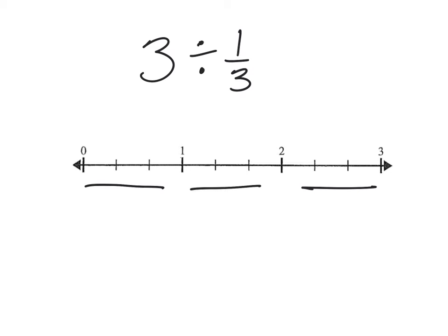If it's a pizza problem, I've got 3 pizzas and they've cut them into thirds. How many third slices do I have? I can go through and label them. If I keep counting, I'm going to end up with 9, and sure enough, I do.